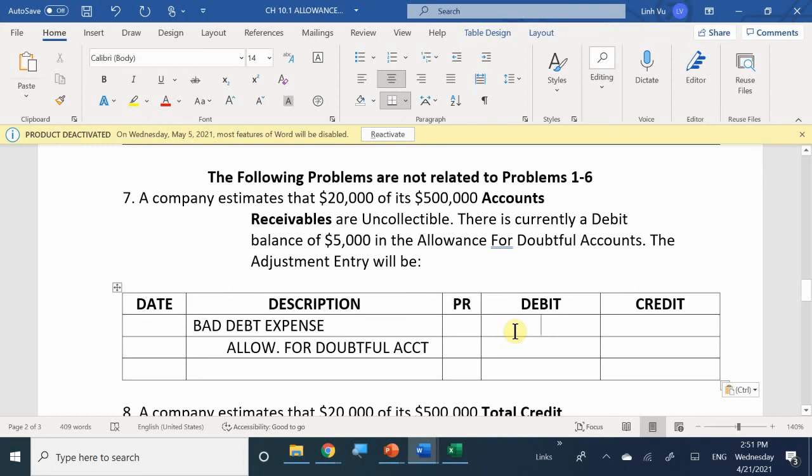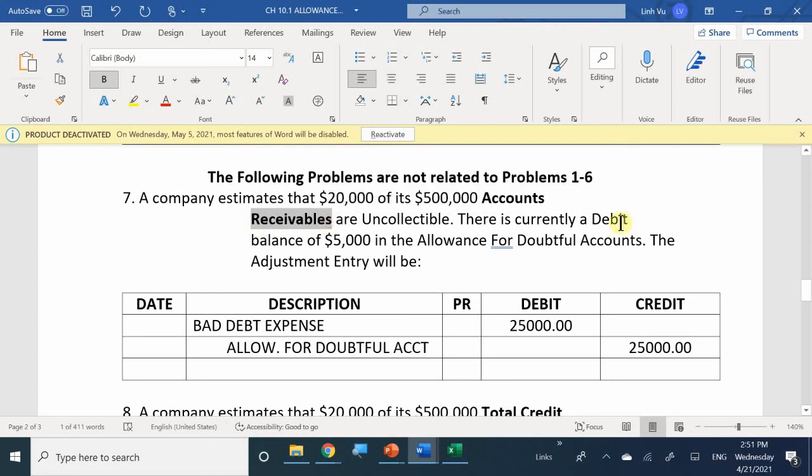So you got 20,000, right? And you have a debit balance. So yes, you add those two numbers together to get $25,000. We take the estimated amount. The key word here is accounts receivable, so we care about what the allowance for doubtful accounts balance is.